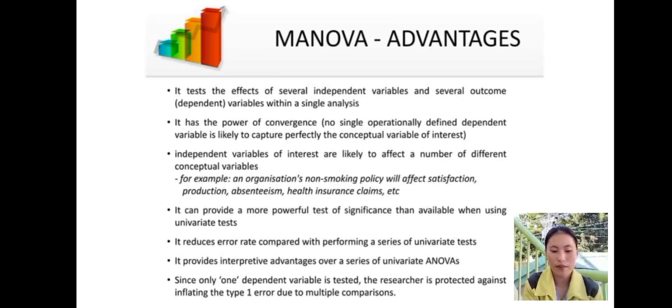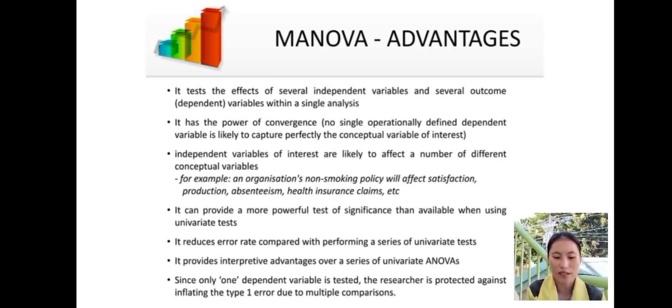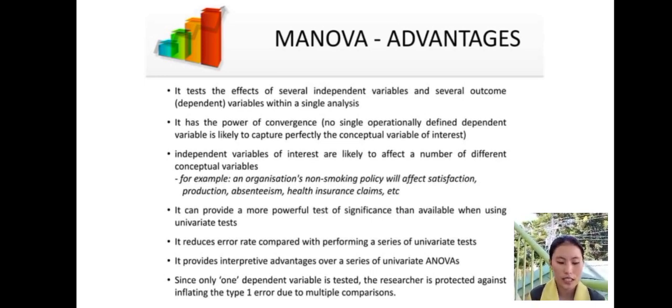Advantages and disadvantages. MANOVA advantages: it tests the effects of several independent variables and several outcomes, or dependent variables, within a single analysis. This is the advantage of multivariate analysis of variance, or MANOVA, over univariate ANOVA.